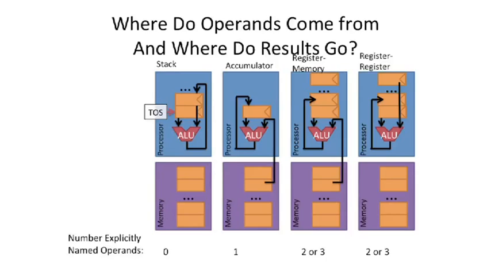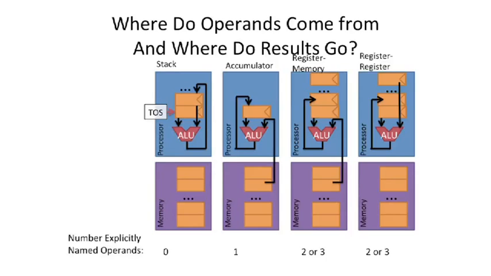Some of them will implicitly name the result. So something like x86, for instance, the first source operand is always the destination, so it only has to name two things. Something like MIPS, or most RISC architectures, will actually name all three. And you can think about that happening with both memory and a register-register architecture.